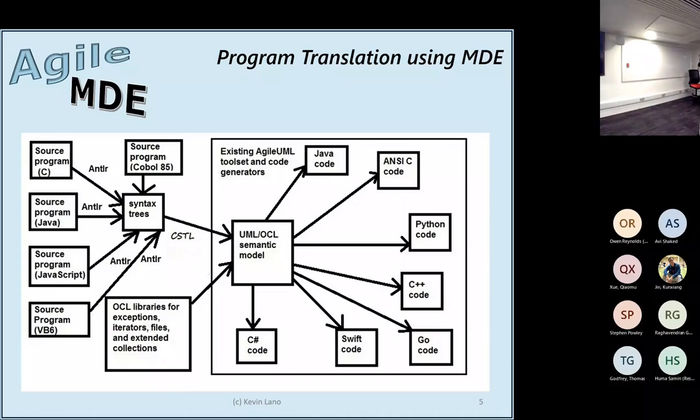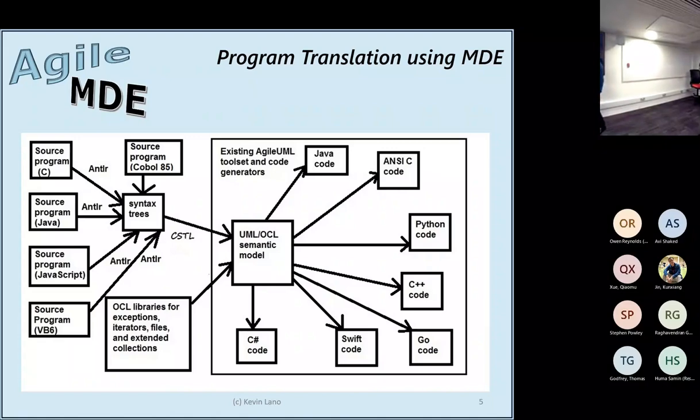You've got various source code in various languages. Those are parsed by ANTLR parsers for different languages into syntax trees. And then what's perhaps the most original thing here is we use a text-to-text transformation language called CSTL, concrete syntax transformation language, which takes those parse trees and generates text in UML OCL. Originally, CSTL was used for code generation, and it's used in particular to generate Swift and to generate Go.